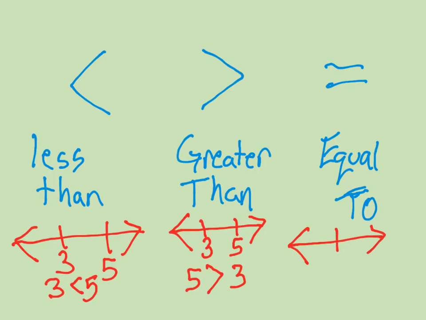So, for example, 1 and 2 halves are equal to each other. 1 is equal to 2 halves. So we have less than, which means to the left of, greater than means to the right of, and equal to, which means they hold the same place. So first we evaluate it, and then we decide what's going to happen.